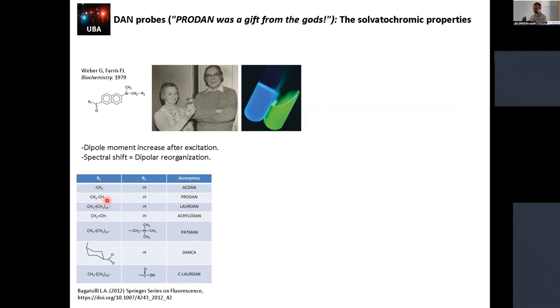And in particular, it was designed to study protein dynamics and membrane dynamics. So basically, if to the dimethylaminonaphthalene we include here in the R1 a different group, we can give different affinities for different environments in proteins, membrane, or intracellular.